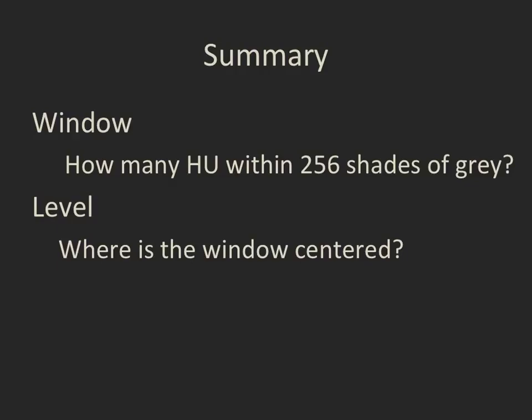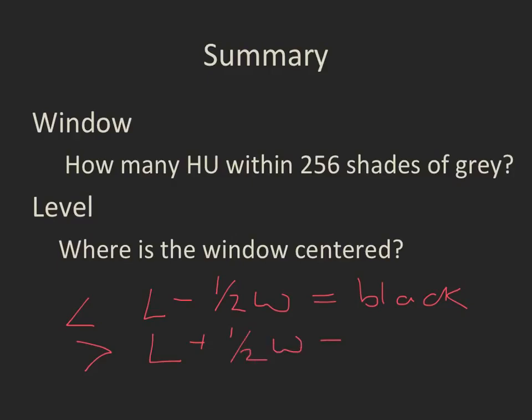So any densities which are lower than the level minus half of the window will be black, and any soft tissue densities greater than the level plus half the window are going to be white.